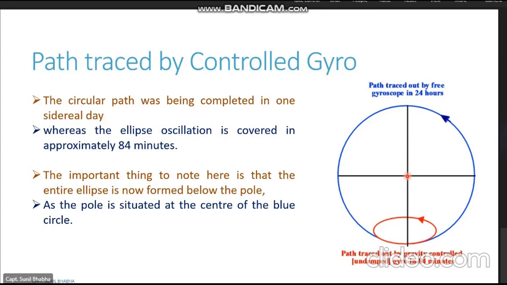Very important thing to note here, which we will be using later in the explanation of the gyro, is that the elliptical path traced by a controlled gyro is entirely below the pole. At no point on the ellipse does the spin axis go above the pole. The spin axis always remains below the pole. This will be used later on when we understand the elliptical motion in detail.